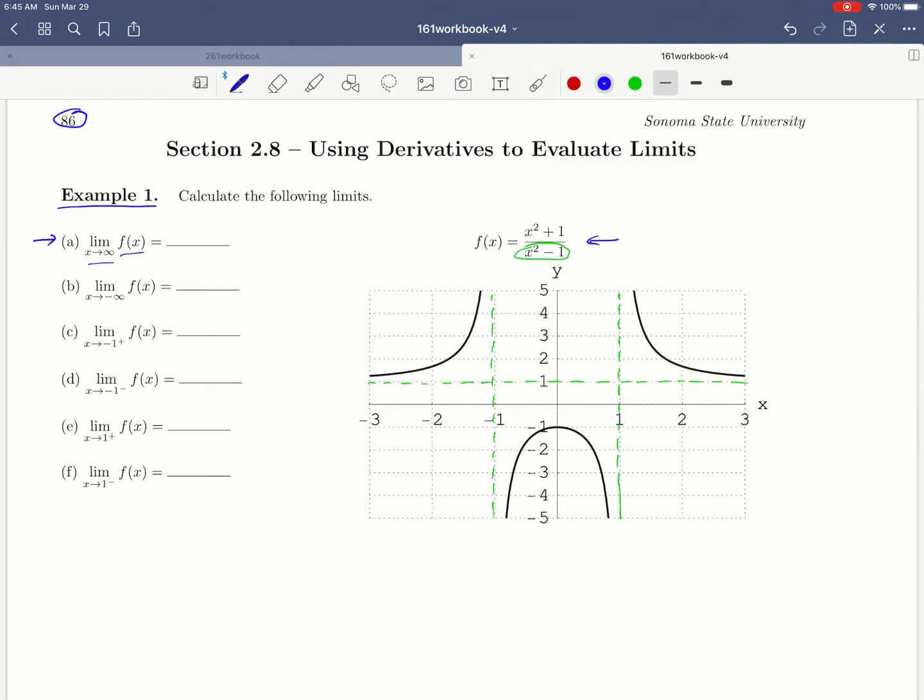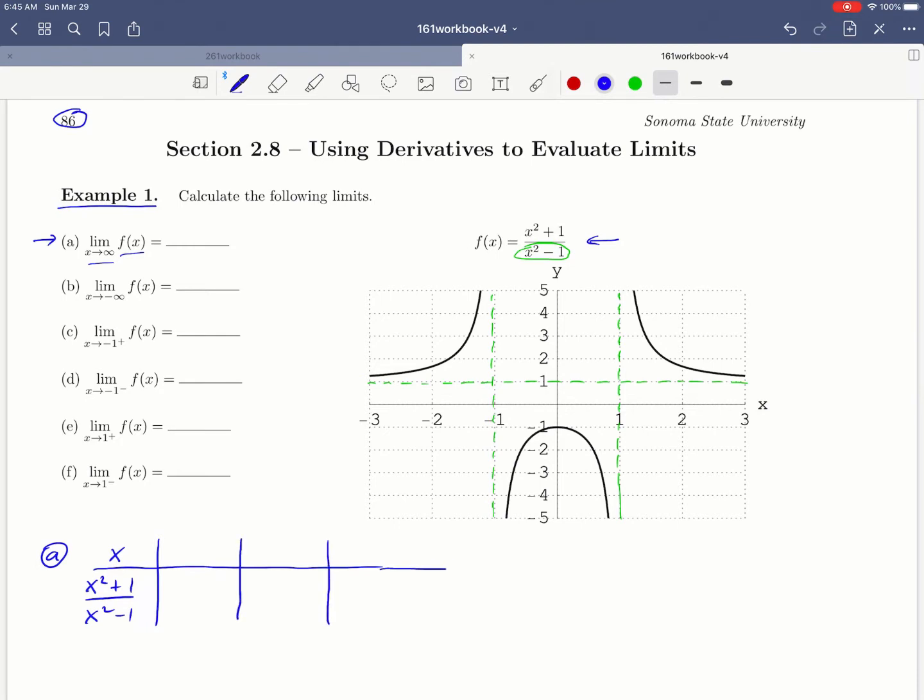Let's just review that method below here. We'll make one row with the values of x that we're plugging in, and then another row with the outputs, f of x, and remember the formula for f of x that they gave us looked like this. Now the question is, what kinds of values of x do we want to plug in here?